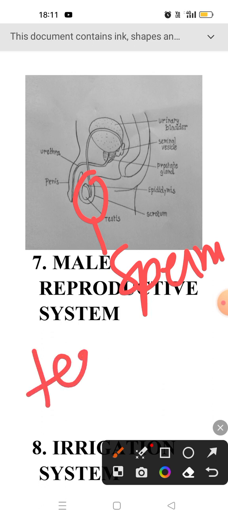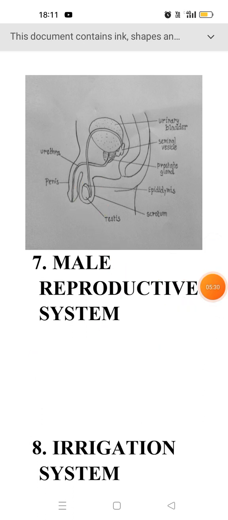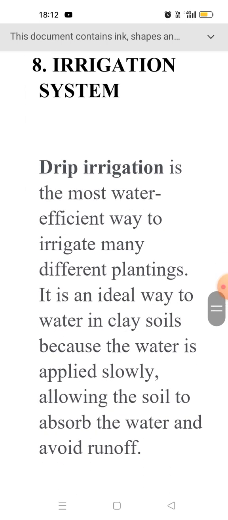The hormone is testosterone. Okay, and these all are the parts of this reproductive system. So learn all these parts properly by stopping my video. Have proper labeling of this structure.